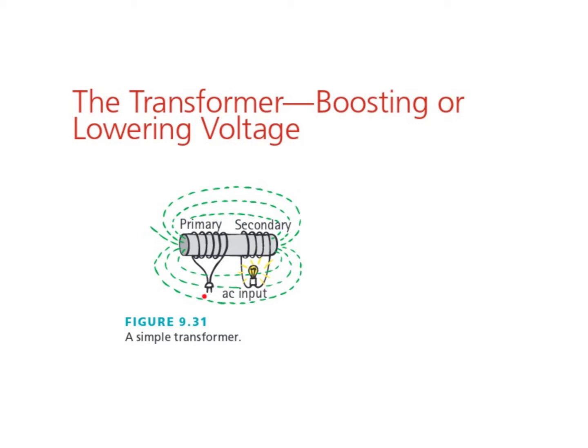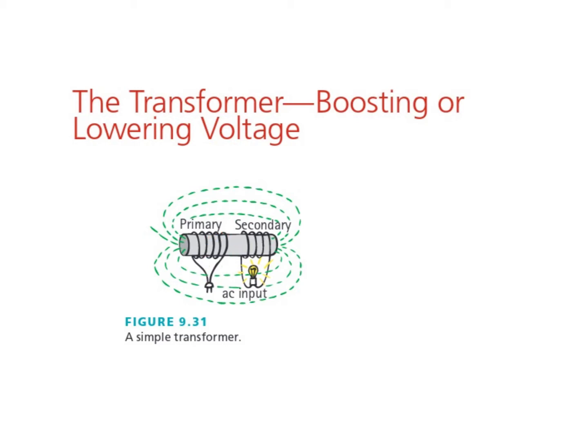And you have current that flows in the primary coil, and there's basically two things going on here. The current in the primary coil, what do currents make? We know that currents make magnetic fields. And if it's an alternating current, it's going to be a changing magnetic field.